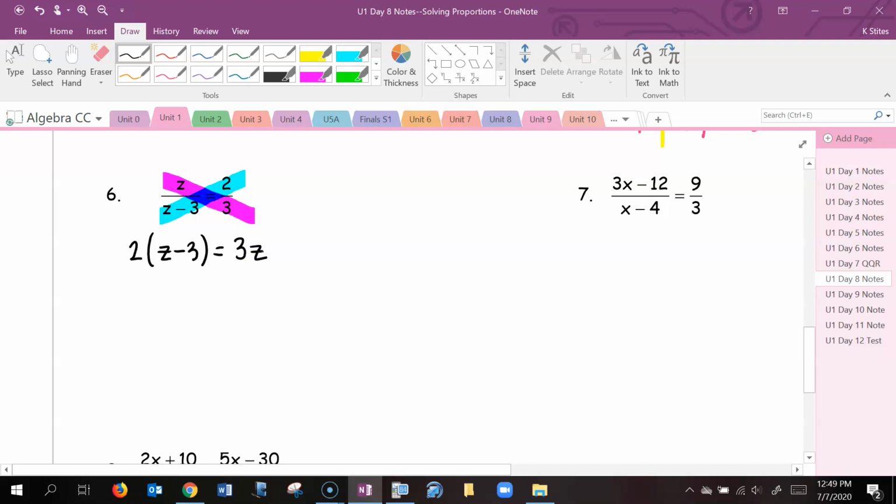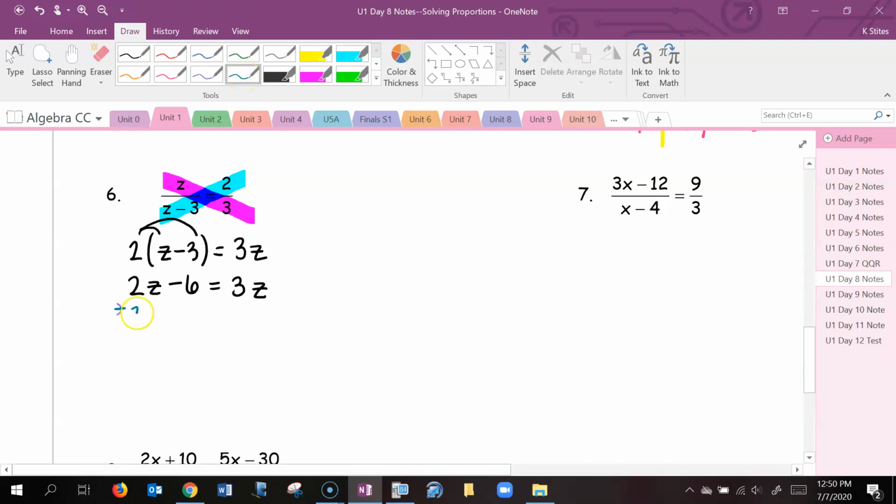Okay, what do you think we're going to do now? If you said distribute, you are right. 2 times z is 2z. 2 times -3 is -6. Okay, z's are on different sides, so we will have to move our smaller z.